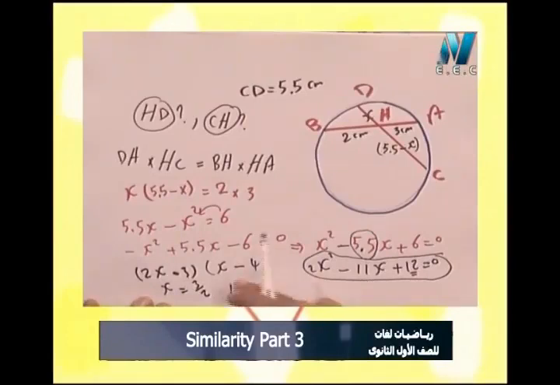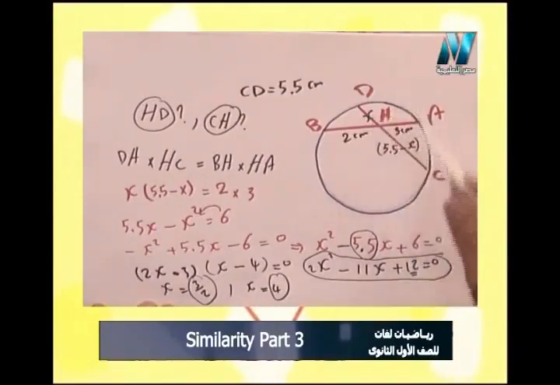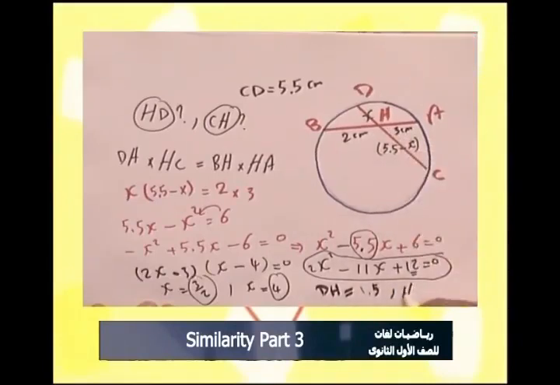And x minus 4 will be 0 also, so x will equal 4. What is x here? 1.5. And what's here is 4. So one of them, which is smaller, which is DH, will be equal to 3 over 2 or 1.5, and the other will be 4.